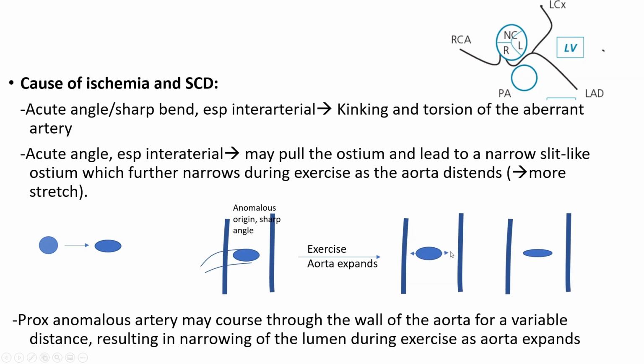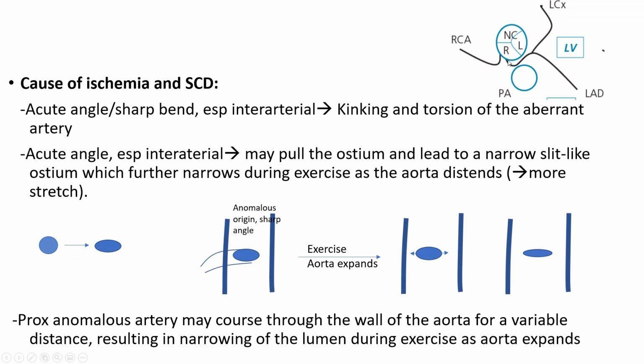It becomes more slit-like and more narrow. This is what we call the slit-like elliptical orifice. That can cause ischemia.